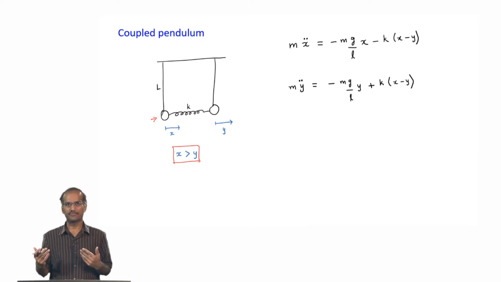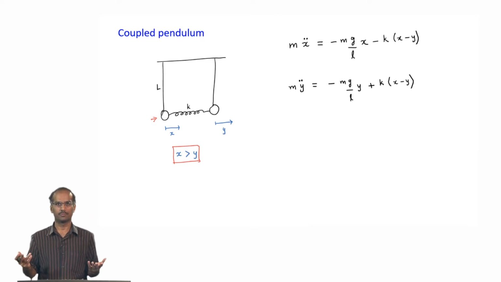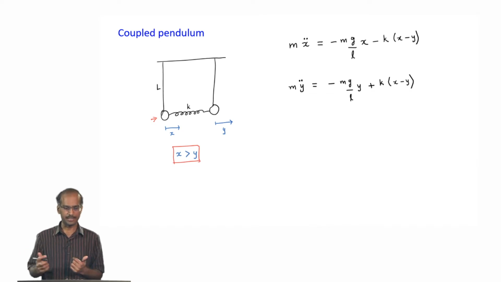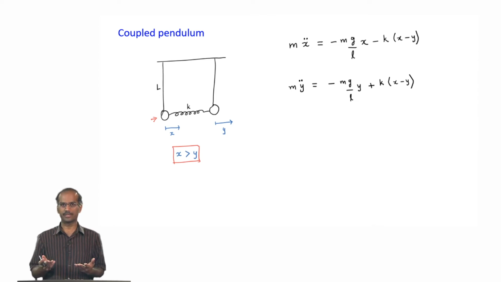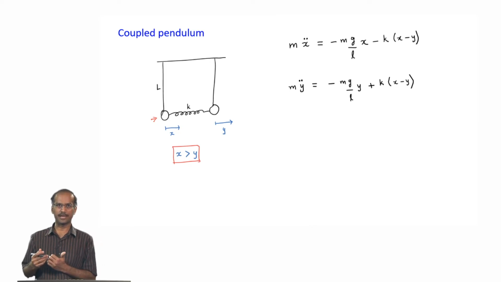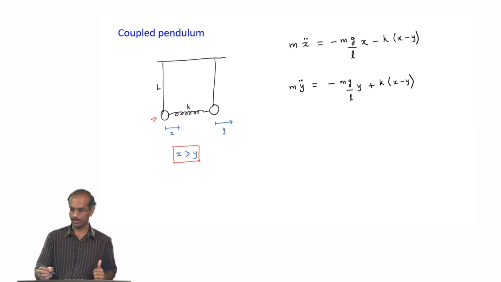The natural length of the spring has changed now. So it is going to act against the acceleration of the x bob. The change in length is x minus y, and since it is acting against the acceleration of the x bob, you have this crucial minus sign here.